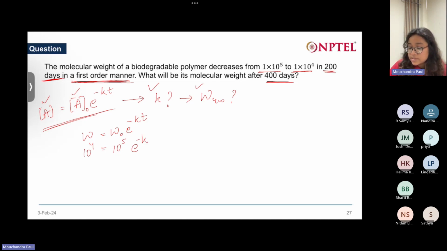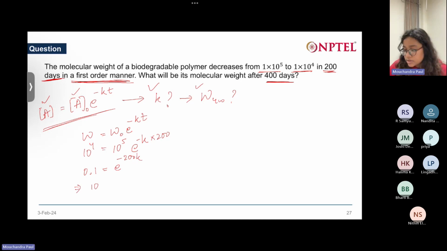Now 200 days is the time, so T will be 200. From this particular expression, we have to determine K. So here it will be 0.1 e to the power minus 200 K, then 10 equals e to the power 200 K. Just remove the negative sign of the exponent by taking a reciprocal.